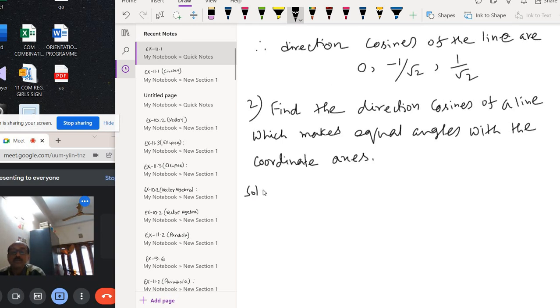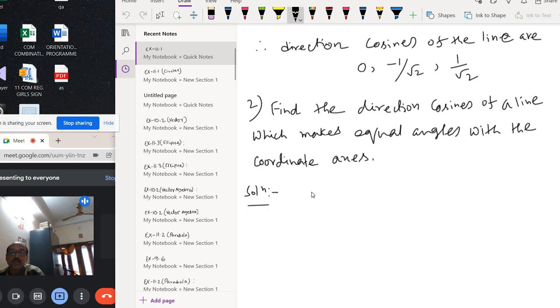So question number 2 is find the direction cosines of a line which makes equal angles with the coordinate axis. That means alpha equal to beta equal to gamma. All three angles are equal.